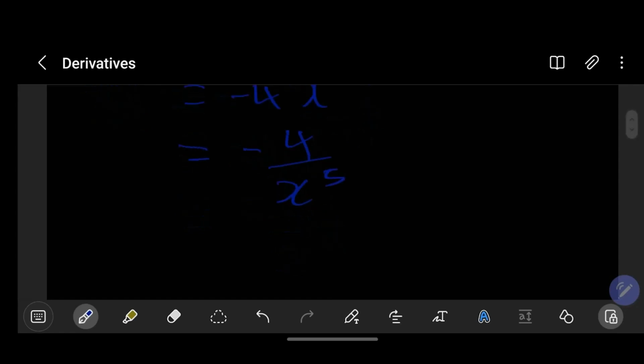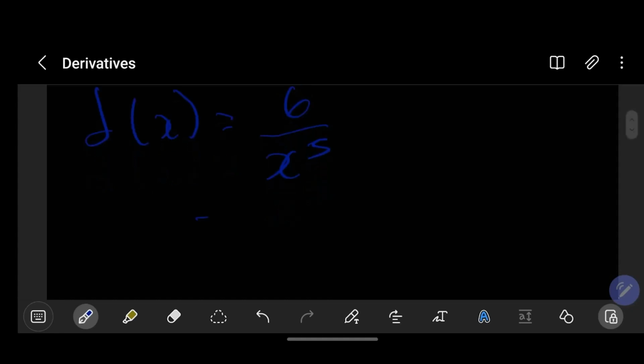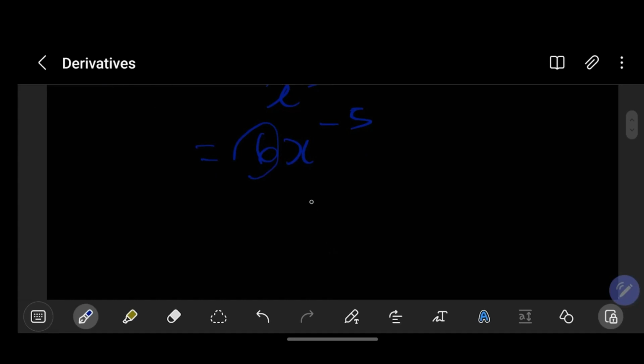So let's say we have f of x is equal to 6 over x to the 5. Okay, quite similar to the previous one. So we can rewrite this as 6x to the minus 5. So now we know we can use the constant rule here, and we can use the power rule here.